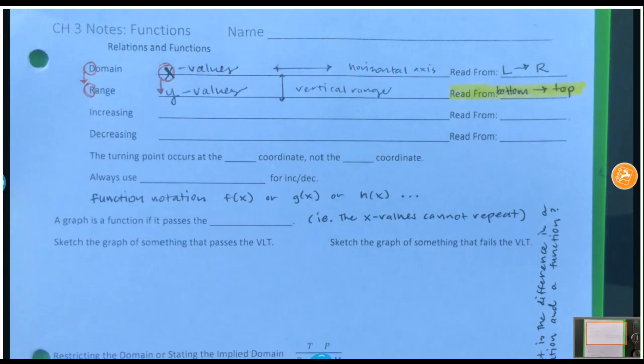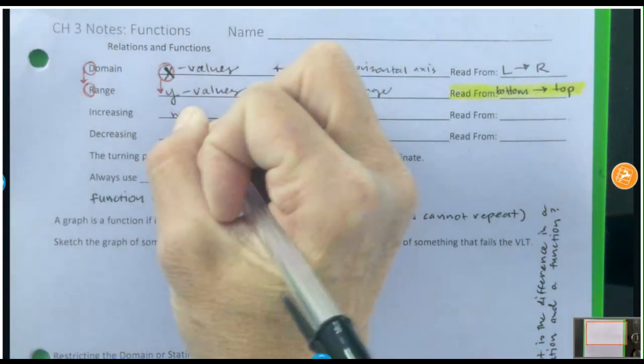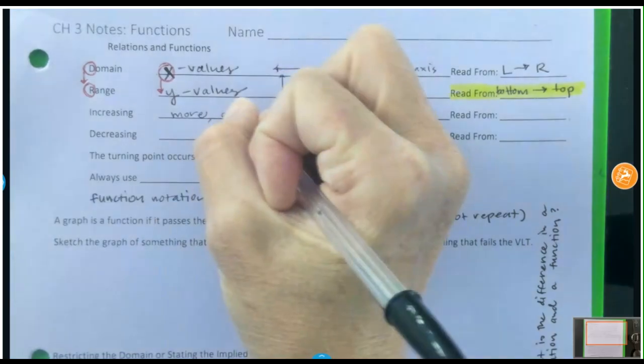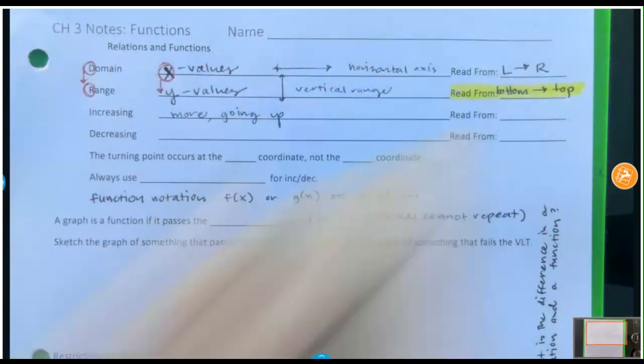All right, what are some other words for increasing? We're going to talk about it mathematically, but if somebody says something is increasing, what are some other words that come to your mind? North, okay. What else? Oh, more. Good. More. What direction would something be going if it is increasing? Up. Okay, so if something is going up, it's going to be increasing.